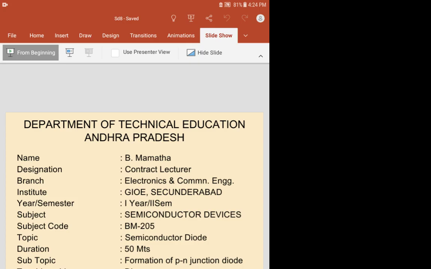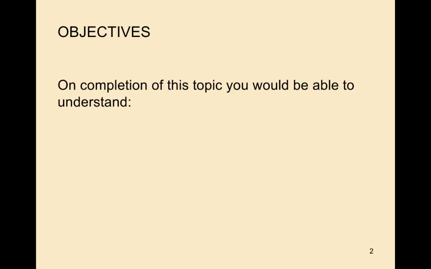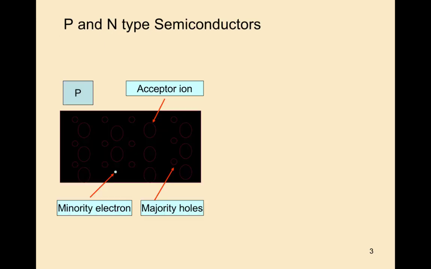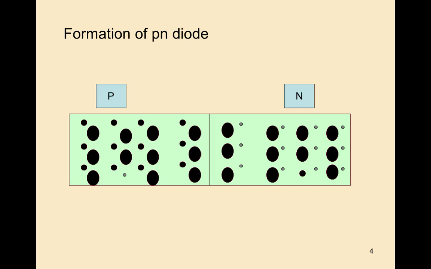Just see the slides once again. I'm changing the slides. Just observe the objectives, the p-type and n-type semiconductor diagrams, and how the p-n junction is formed. The animation is there like this.